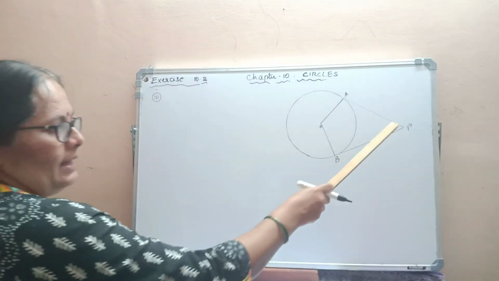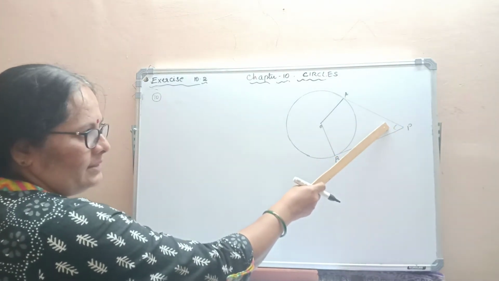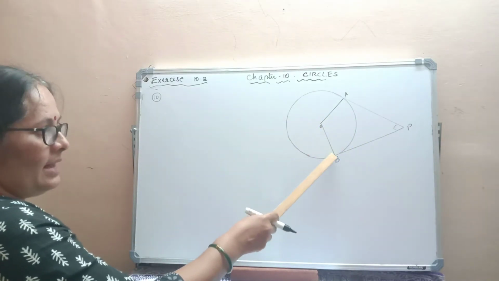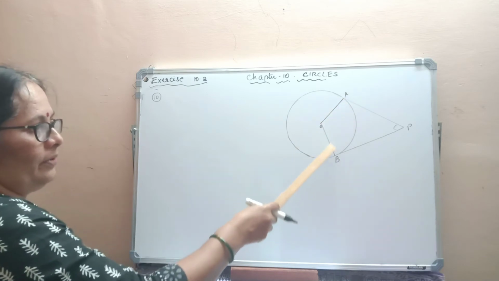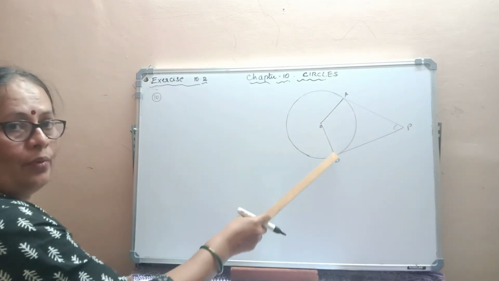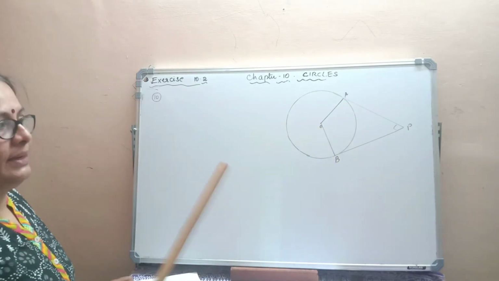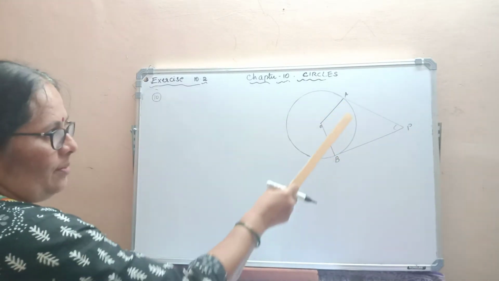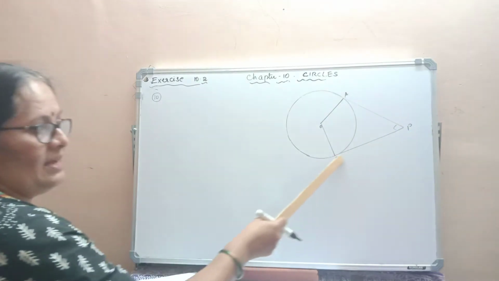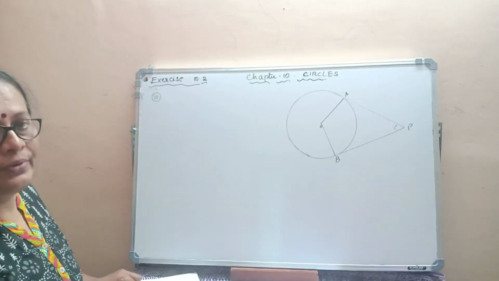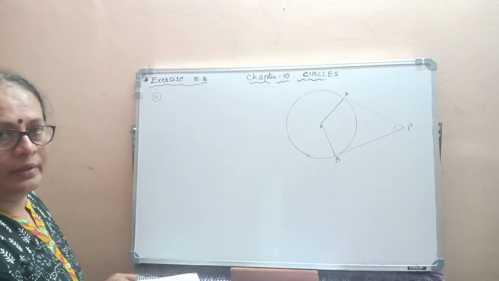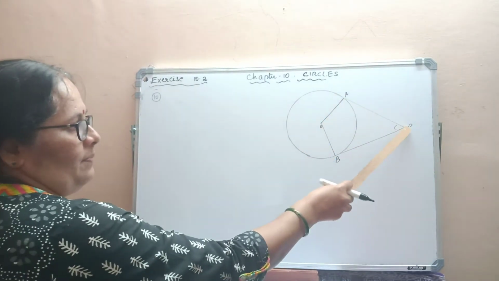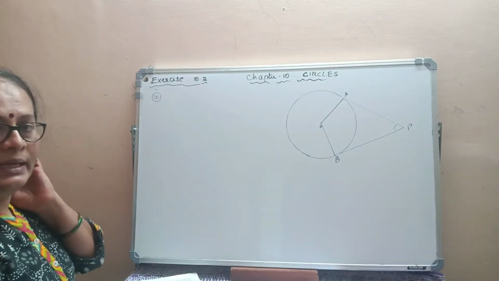So the angle between the two tangents, angle APB, and the angle AOB are supplementary. You need to prove that angle AOB plus angle APB equals 180 degrees. How will you prove that?